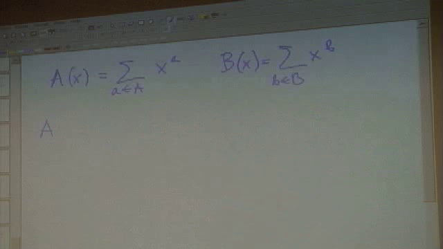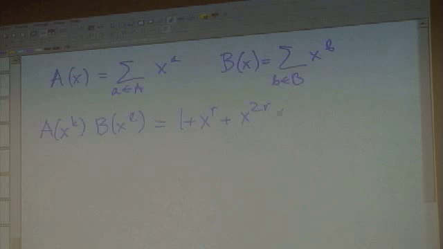A of x to the k times B of x to the l is equal to 1 plus x to the r plus x to the 2r plus up to x to the k minus 1 times r.